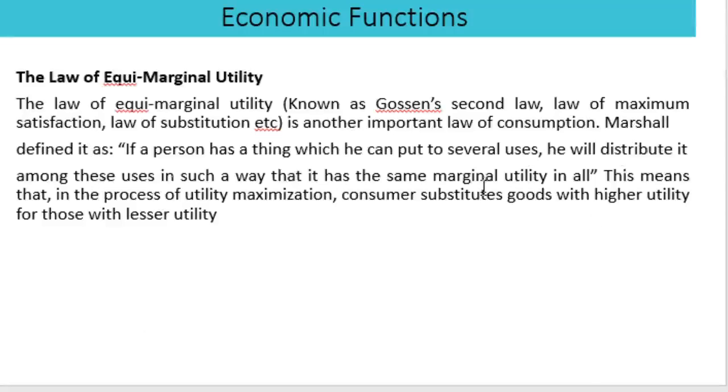That is, the consumer will distribute his thing in such a way that the marginal utilities of different distributions are the same. This means that in the process of utility maximization, consumers substitute goods with higher utility for those of lesser utility. These are the two important laws. Here, the utility function shows the functional relationship between the quantity consumed and the utility derived.